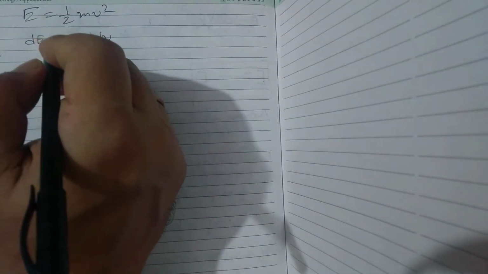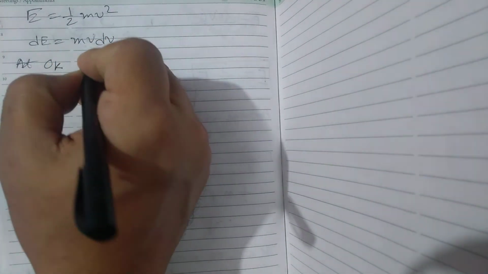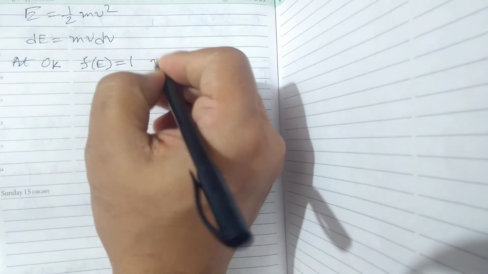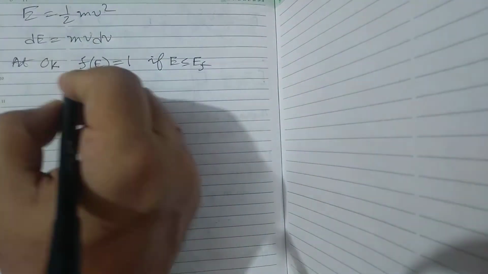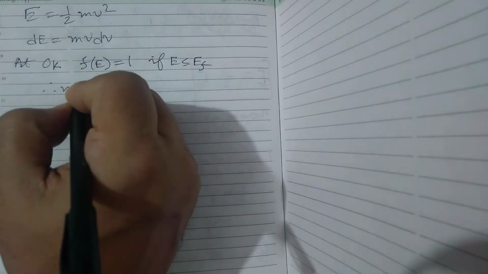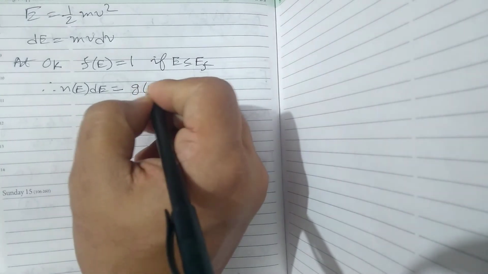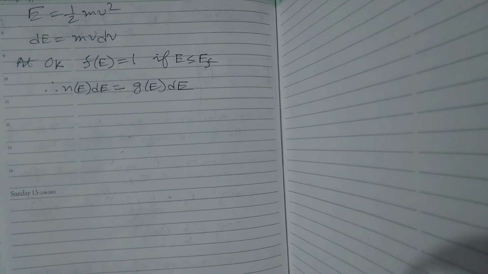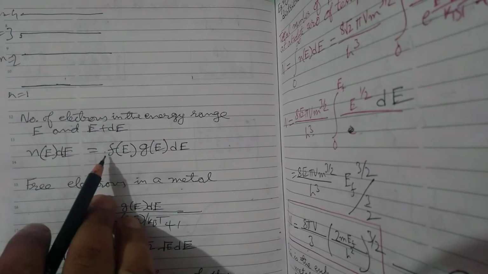Okay, again at 0 Kelvin, F(E) is equal to 1 if E is less than or equal to EF. Therefore n(E) dE will be equal to g(E) dE.